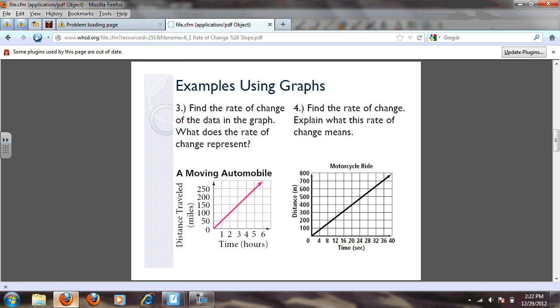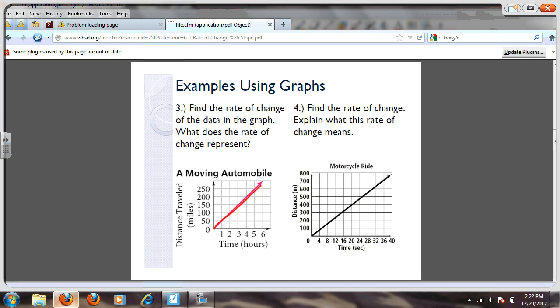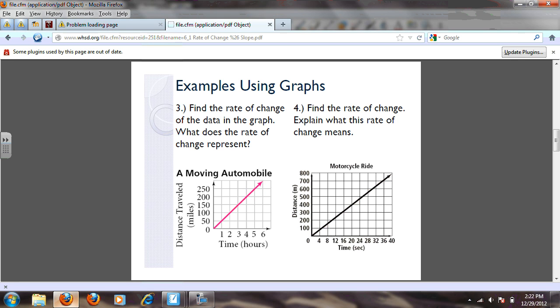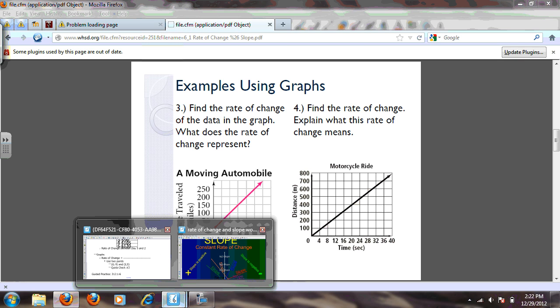The rate of change, we're talking about the vertical versus the horizontal. I want you to notice the slope here, or the way the line is going. We read graphs from left to right. You notice that these graphs are moving in an upward fashion. Since they're moving upward, they are considered positive graphs. I'll talk more about that at the end of our video.